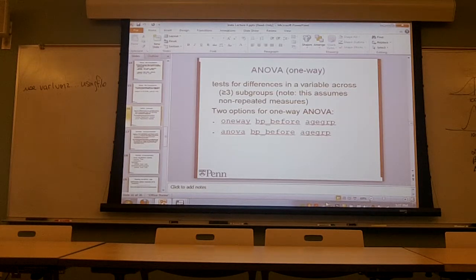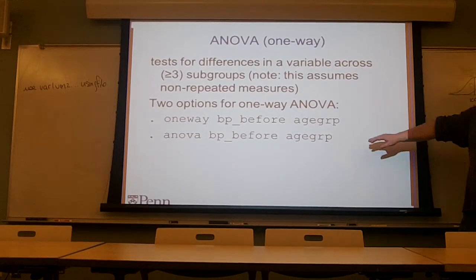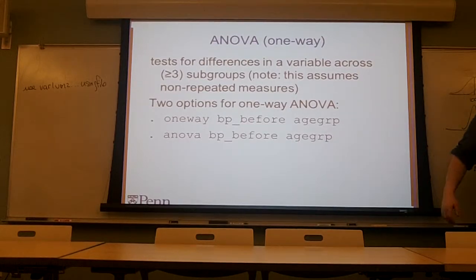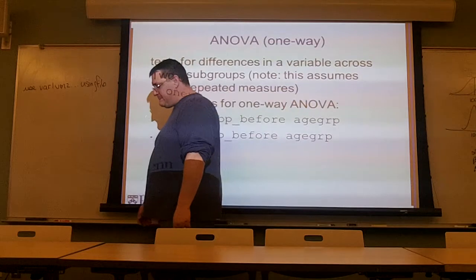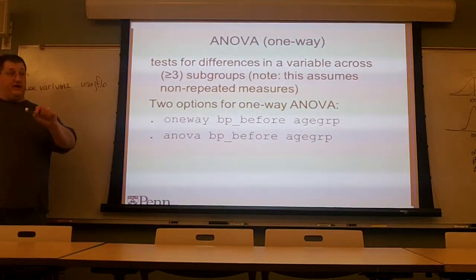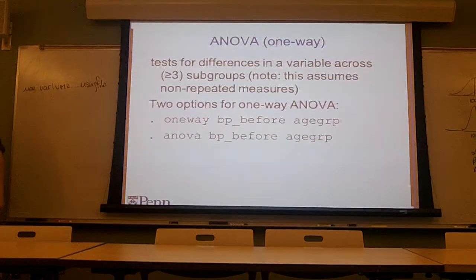Okay, so we've not yet done ANOVA in regression, but did you do a one-way ANOVA in intro? Yes. Okay. This is how easy it is to do an ANOVA in Stata. There are actually two commands for doing a one-way ANOVA in Stata. In an analysis of variance, we don't have predictors, we have factors.